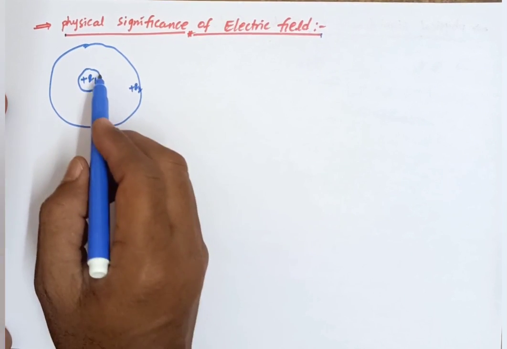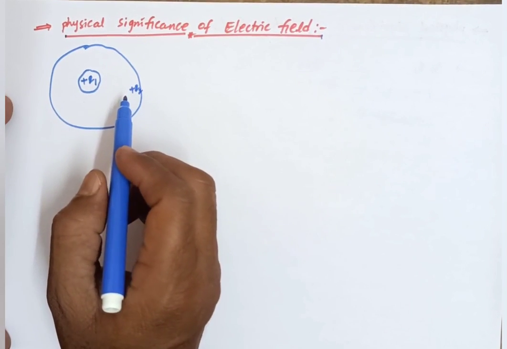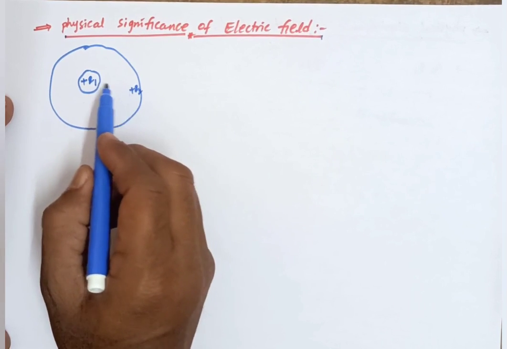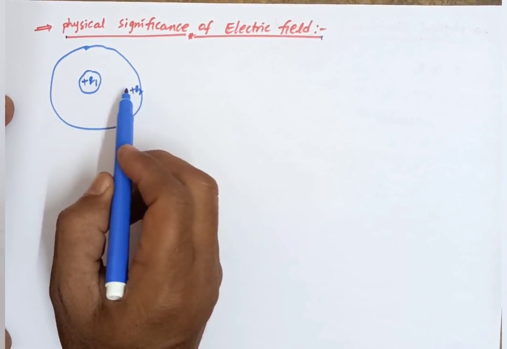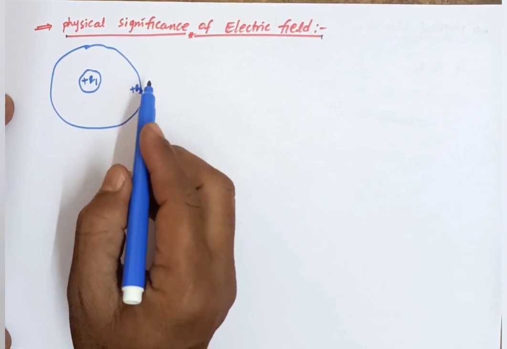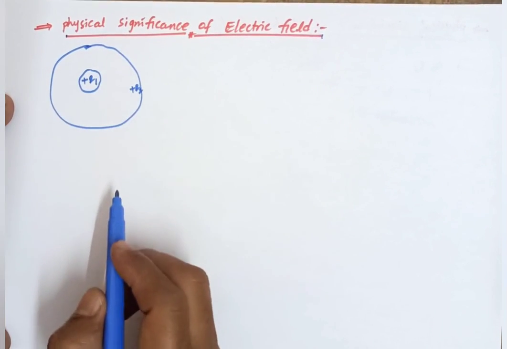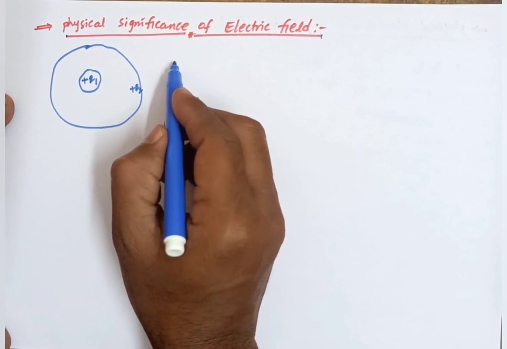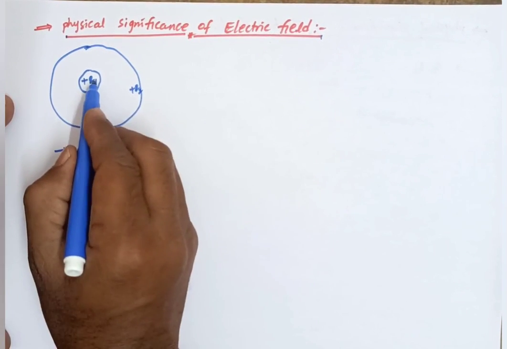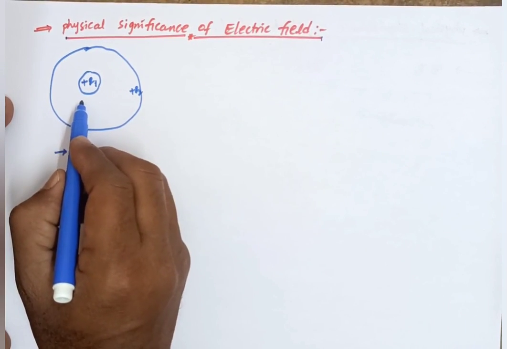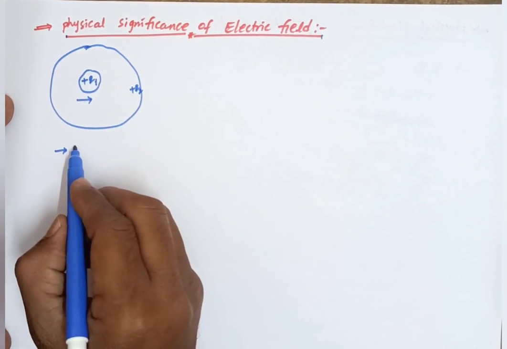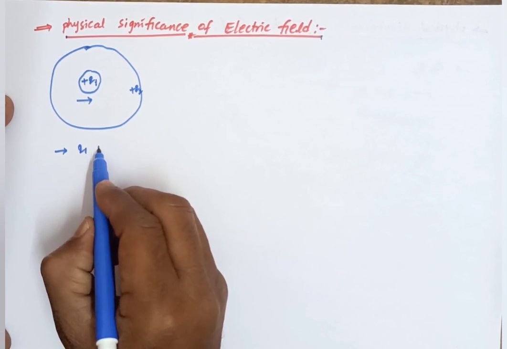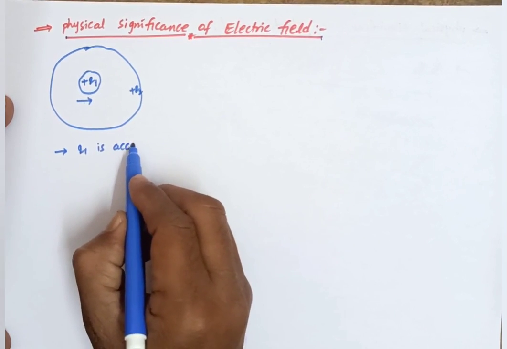What happens? They repel each other. The repulsive force occurs between Q1 and Q2. So in electrostatics, we consider this positive charge Q1 in accelerated motion.